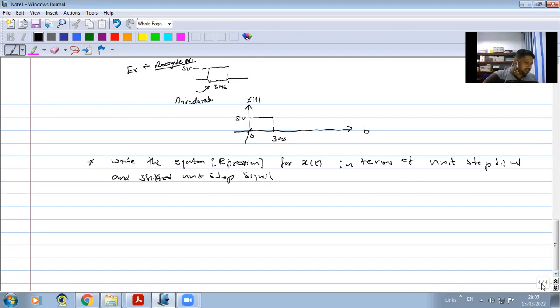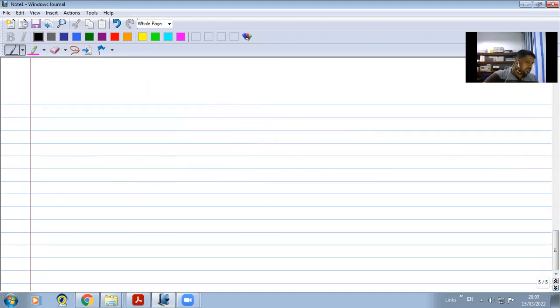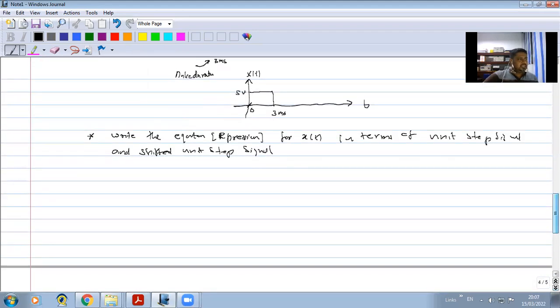Anyway, I will explain here. If we get a 5 volt unit signal, that means 5 u(t). If we multiply the u(t) signal by 5, we get this kind of signal. It is 5 and constant up to infinity. So this is the unit step function, 5 u(t).